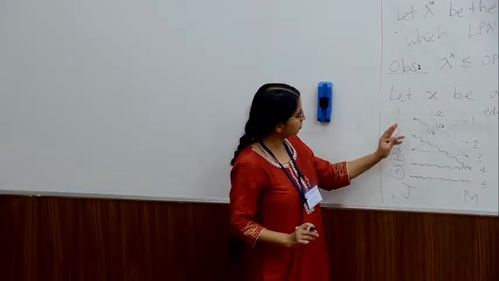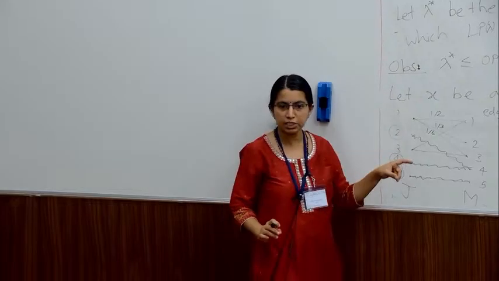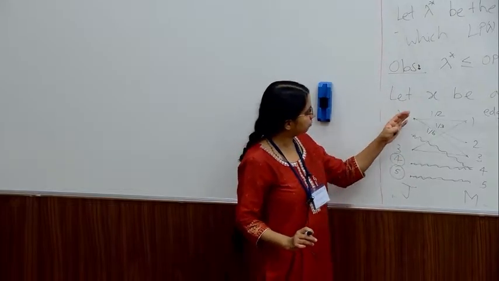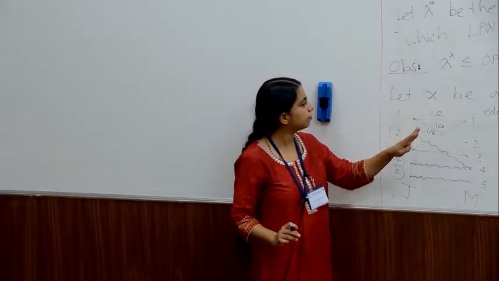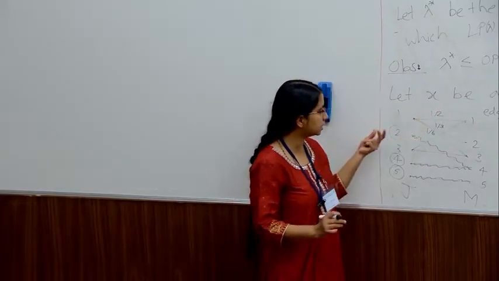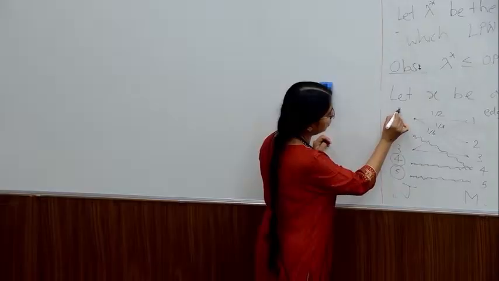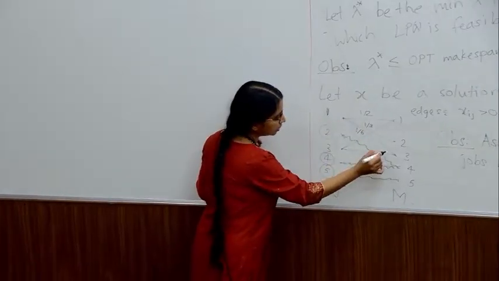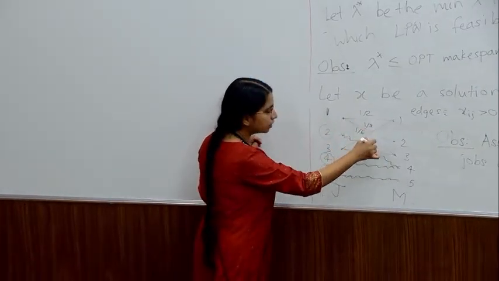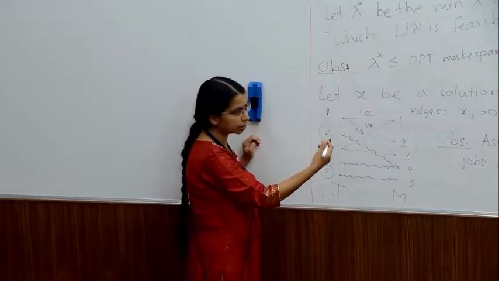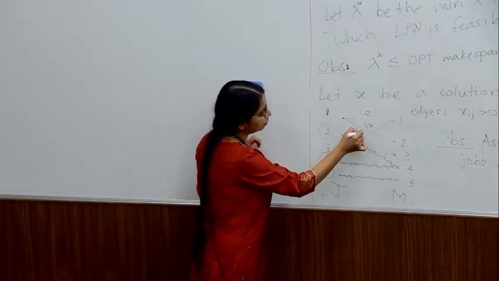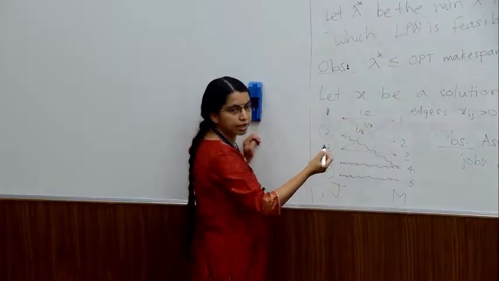Suppose there is a nice property that every machine can get at most one fractional job. For example, this job is fractional and assigned to 3 machines. We have to assign it to exactly one of the 3 machines. That is what the rounding is. One of these fractions we want to change to 1, and the remaining fractions we want to be 0.